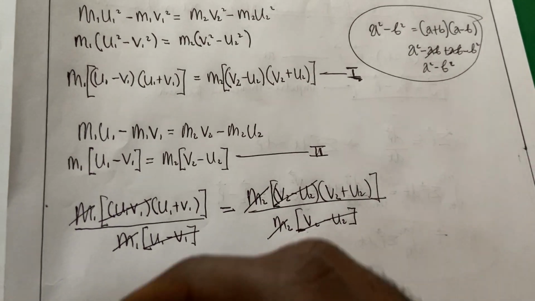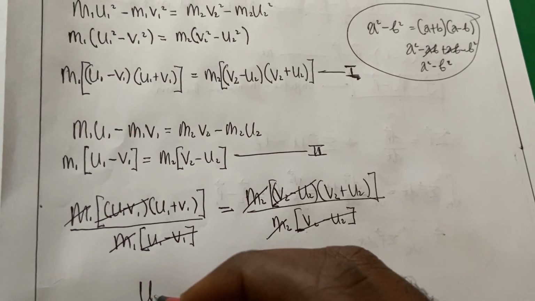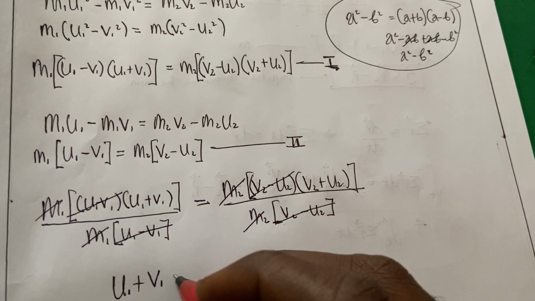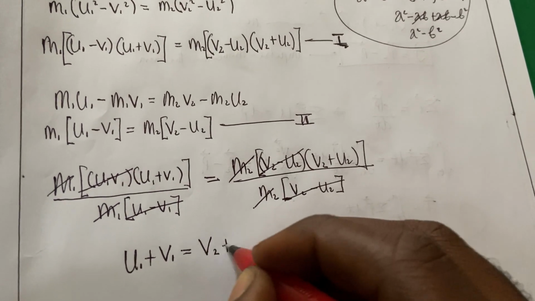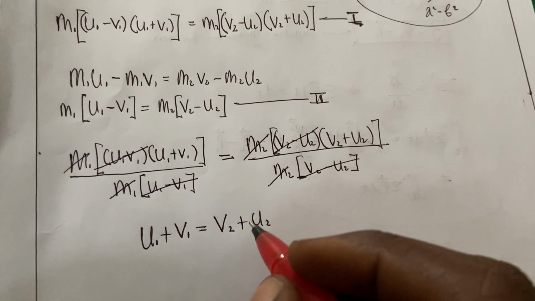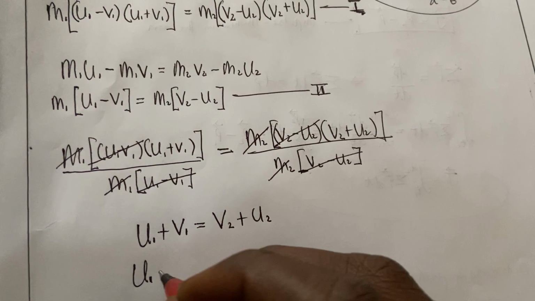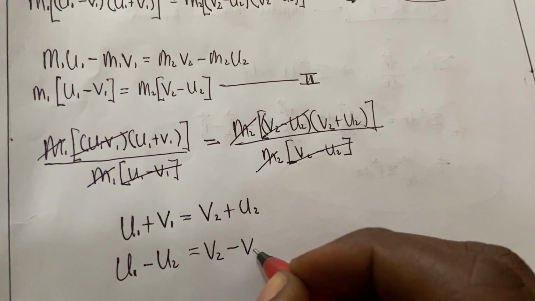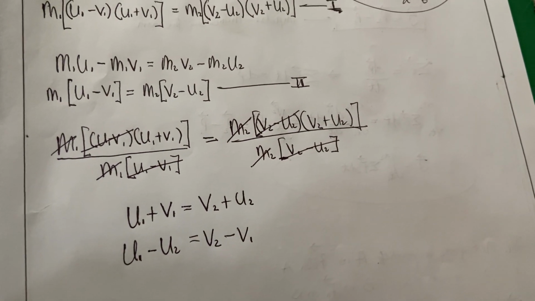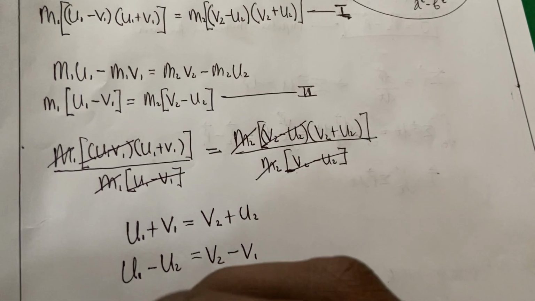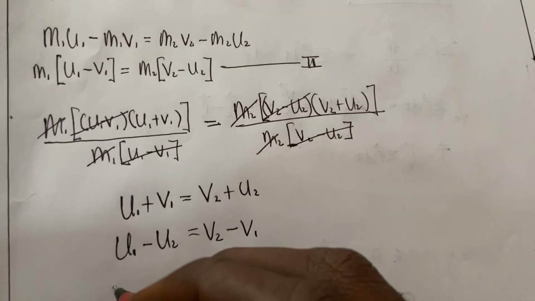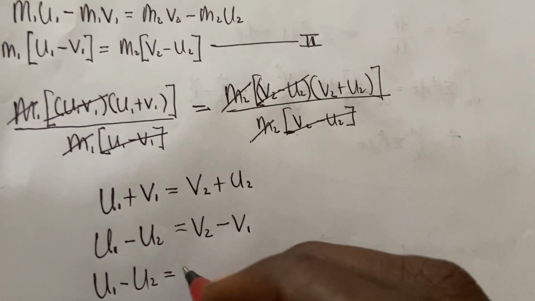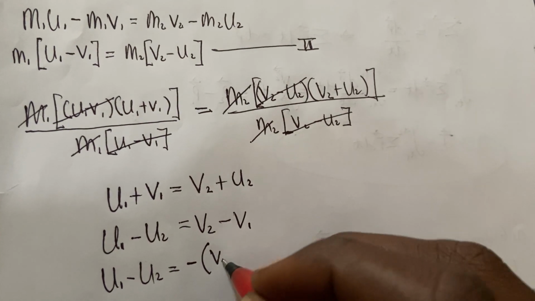We cancel m2 and we cancel v2 minus u2, so I'm left with u1 plus v1 equal v2 plus u2. In other words, if u2 comes here, I have u1 minus u2 equal v2 minus v1. I can also write this as u1 minus u2 equal negative of v1 minus v2, if I factorize the minus out.